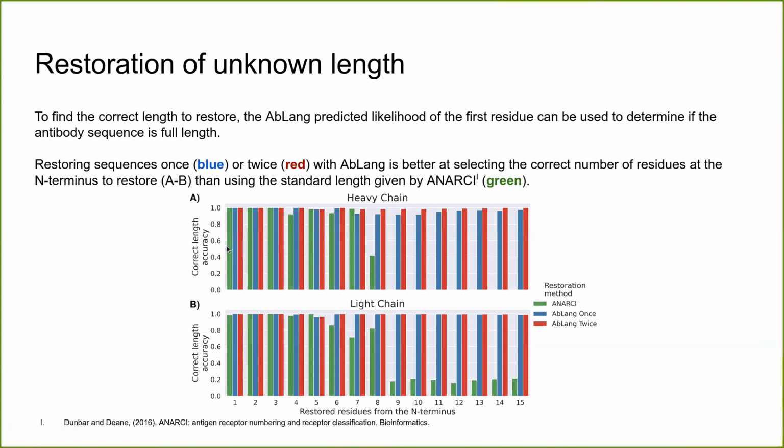We can see that AbLang is doing comparably or better, and we can also see that if we restore once with ANARCI and then AbLang, and then restore again a second time with AbLang, we actually have improved performance. This is especially seen on longer missing regions of heavy chains.